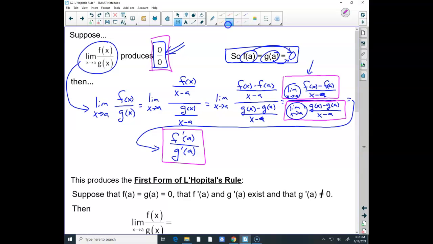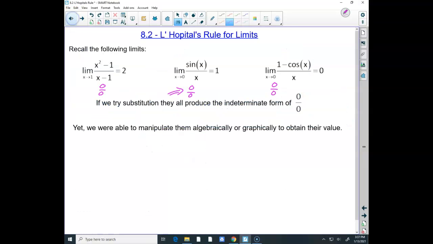If you're like, I don't understand that, hey, come back here. This right here produced me 0 over 0, isn't it? Well, L'Hopital's rule says I can take the limit as x approaches 1 of the derivative of the top, which is going to be 2x, that's like my f.